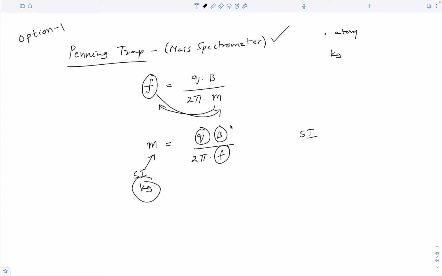But the problem is we cannot measure the strength of this magnetic field with great accuracy. Therefore, the mass of the atom determined using this method in kilograms will not be as accurate as we like it to be. But let us not discard this option just yet. Let us look at the second option also. Then we can compare both the options to decide which is better.